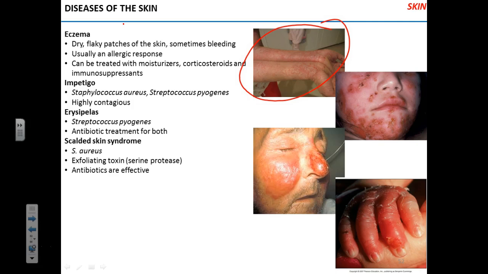It can become chronic. In case of an allergic response or any type of mild autoimmune response, corticosteroids and other immunosuppressants are prescribed, usually not oral.